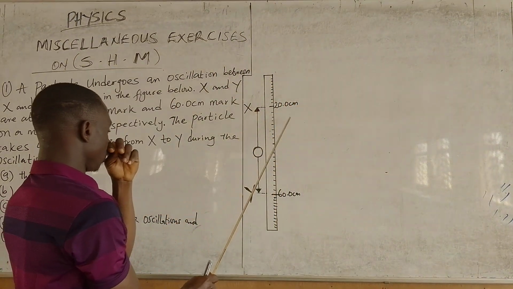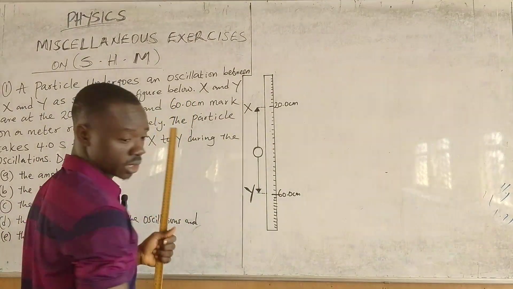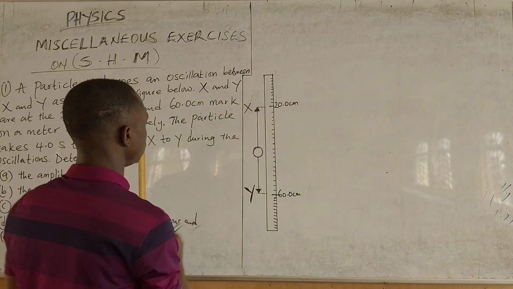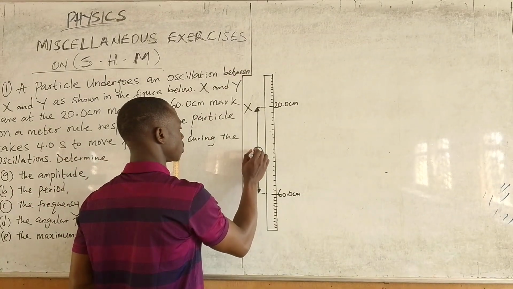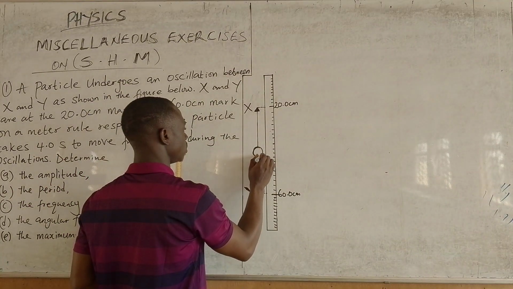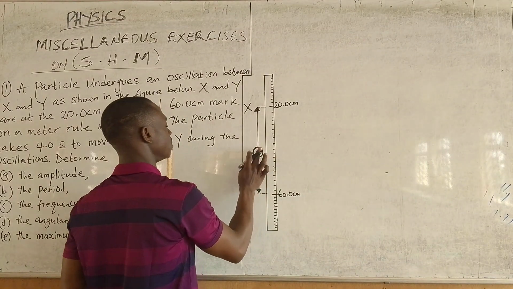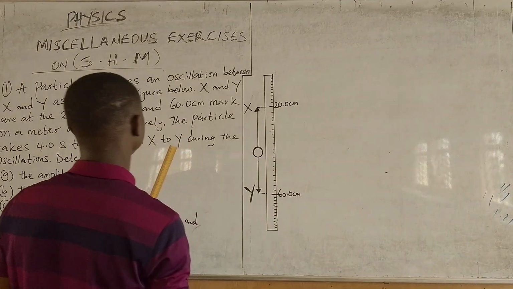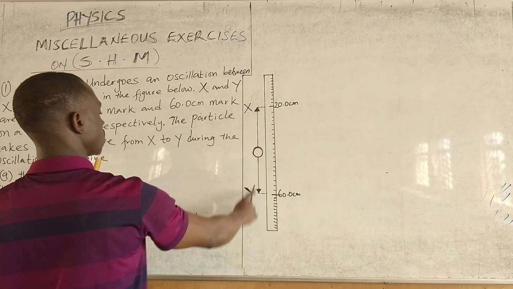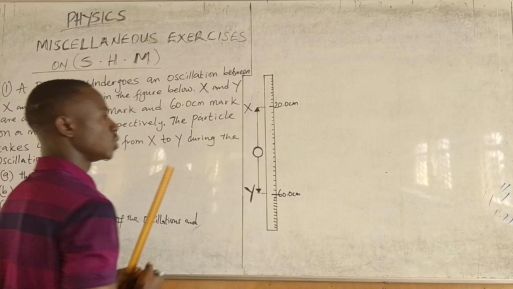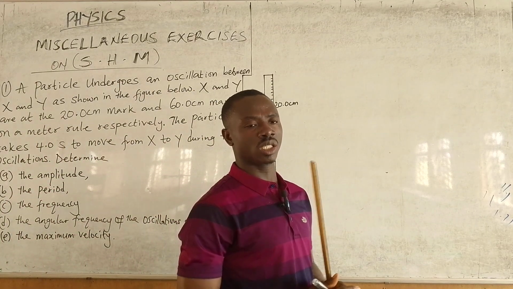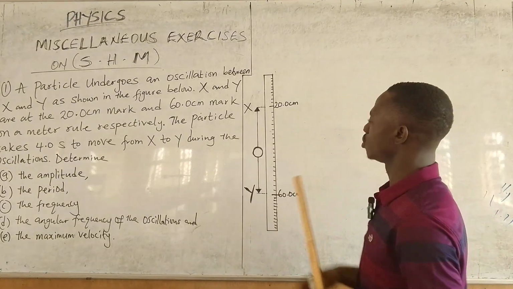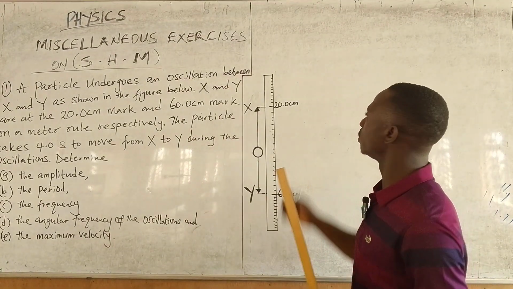But what we have here, we are told that this particle, this one that is looking like a bulb, a pendulum bulb, oscillates between x and y. Now, I believe you can relate this to a spiral spring and to a simple pendulum.